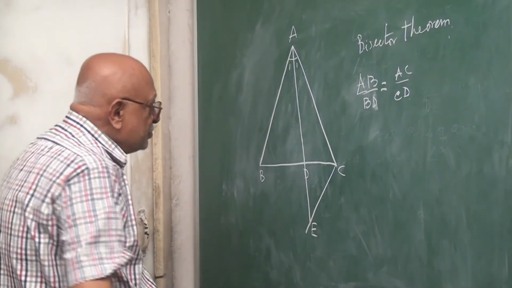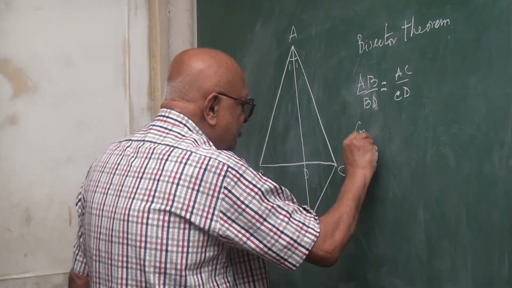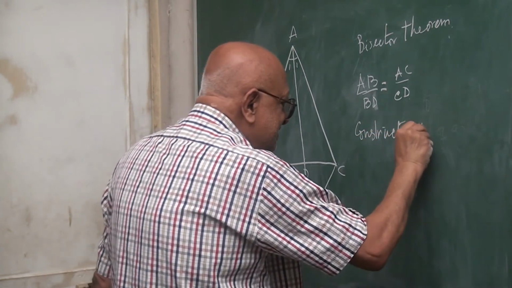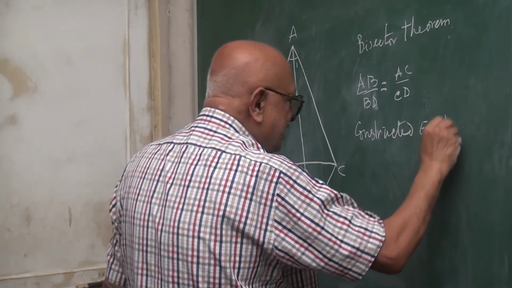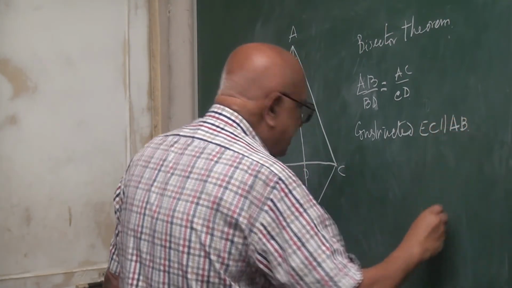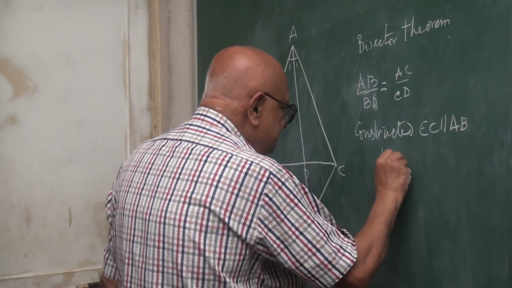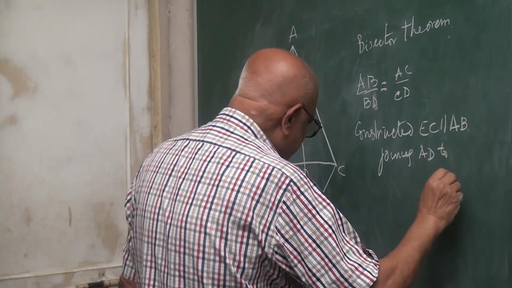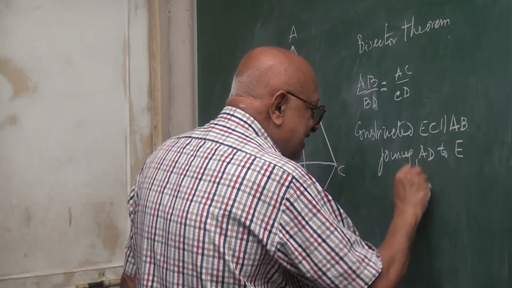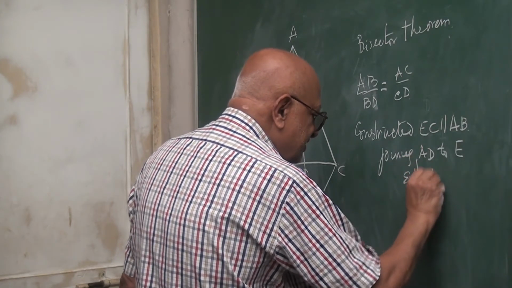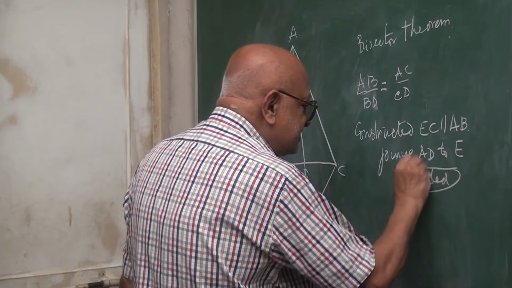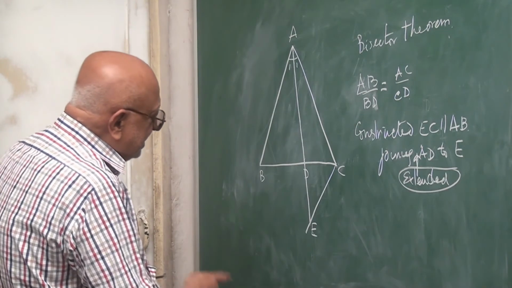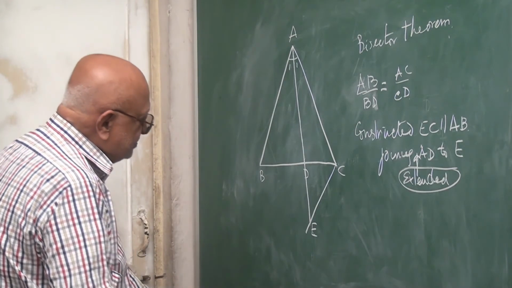Let's call it E. So what I have done is constructed EC parallel to AB, joining extended AD to E. So two things, even though it doesn't look that way in the sketch, it should be.